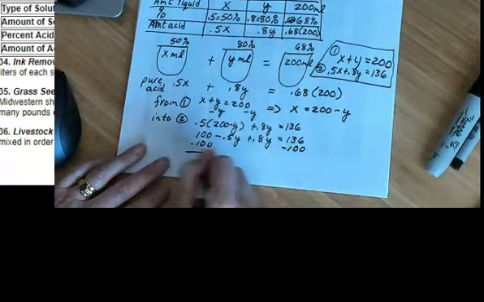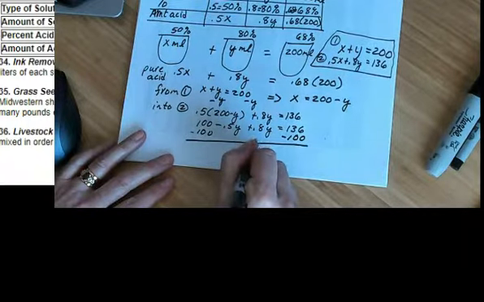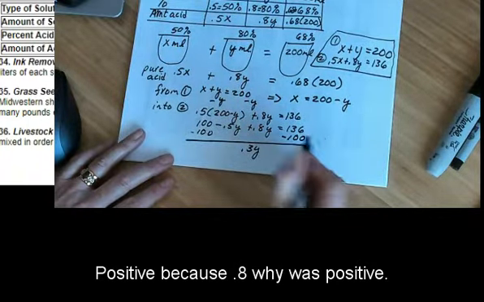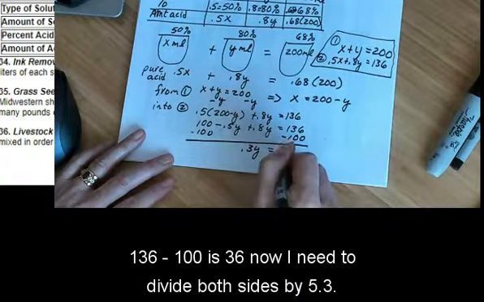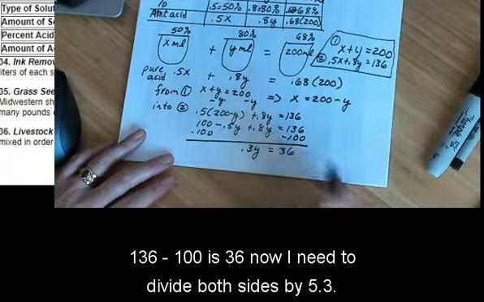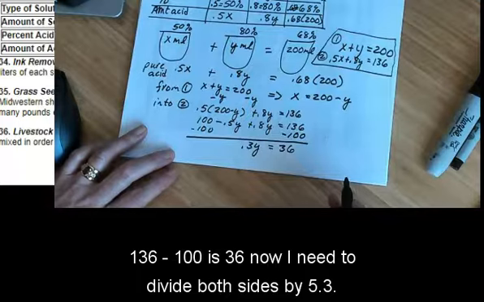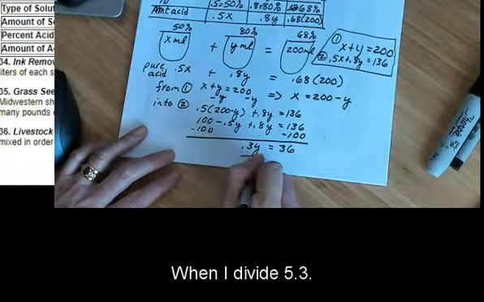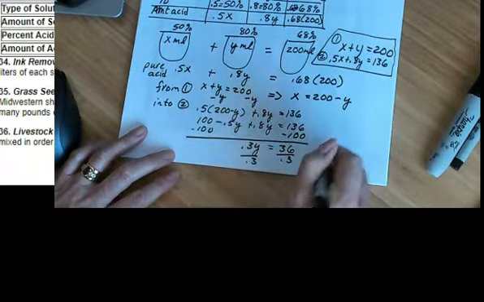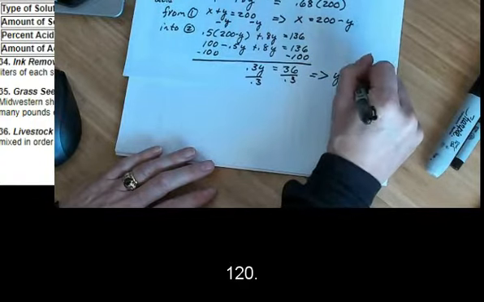And the 0.5y plus 0.8y gives me 0.3y, which is positive because 0.8y was positive. 136 minus 100 is 36. Now I need to divide both sides by 0.3. When I divide by 0.3, this tells me that y has to be equal to 120.